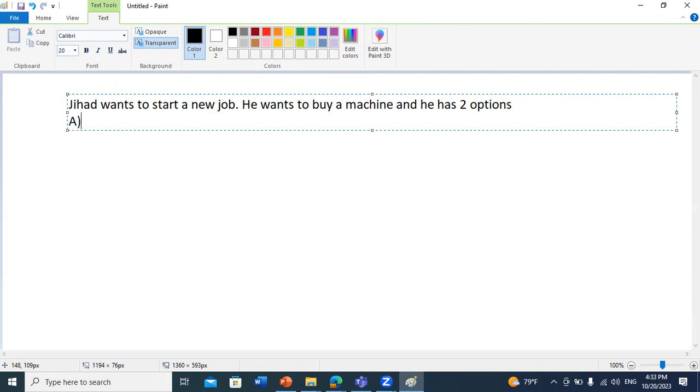In option A, the machine is fully automated. The cost is $20,000.